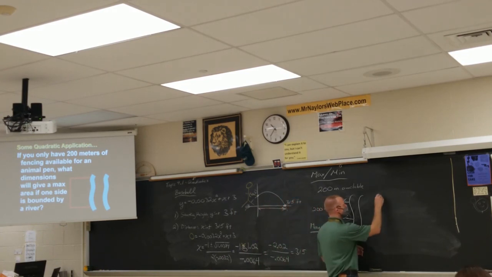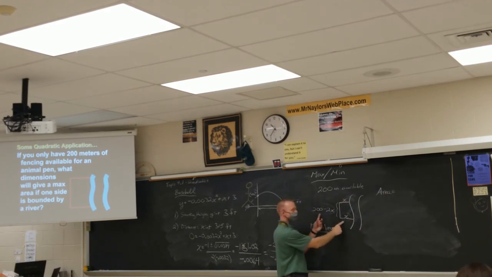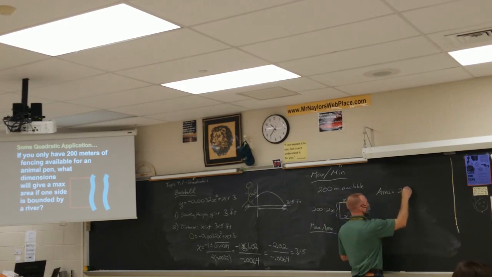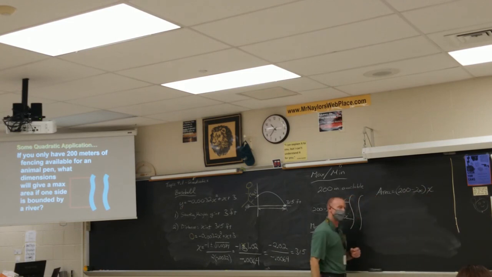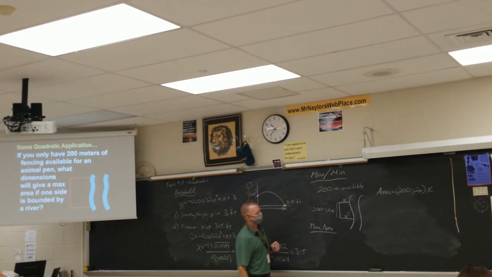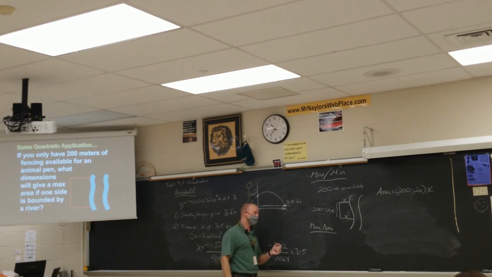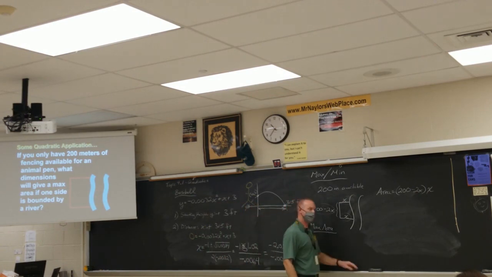So the place where this thing was headed all along was to multiply these two dimensions, length times width. I don't care which one you want to call the length and the width, but I do care that you multiply them. So we want to find a maximum area. That means we need dimensions. Now we have a formula.